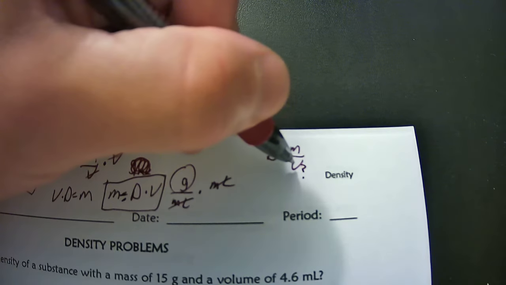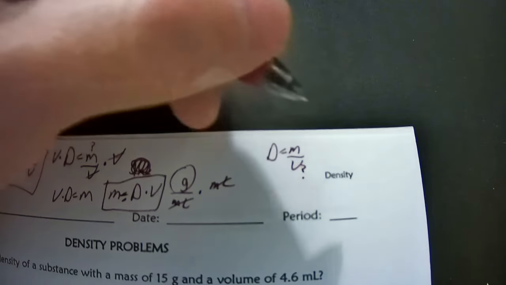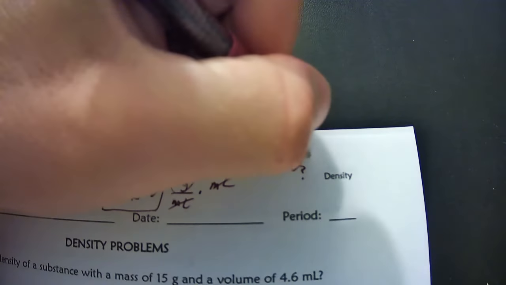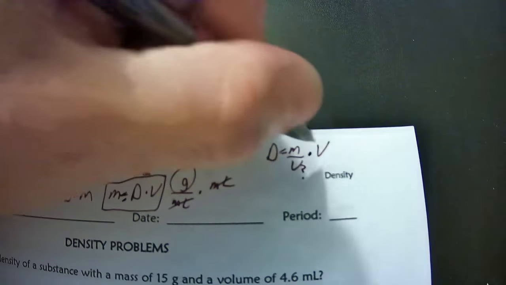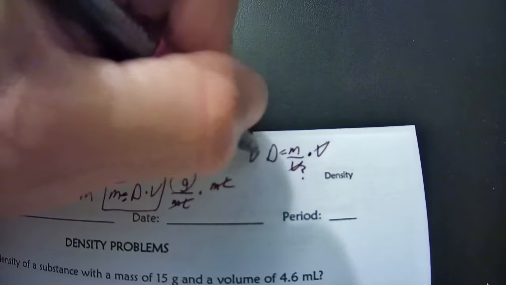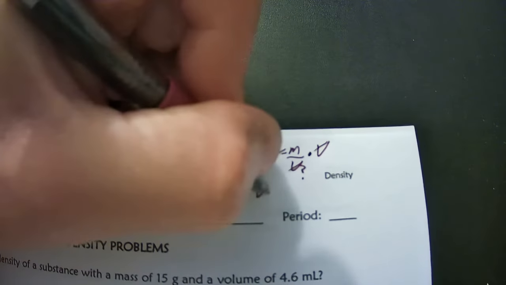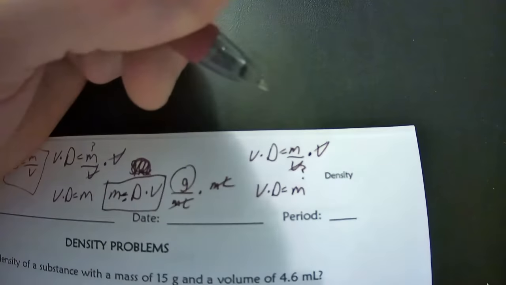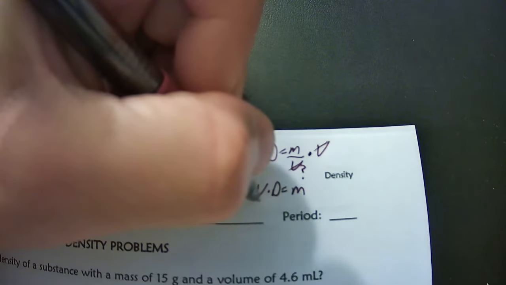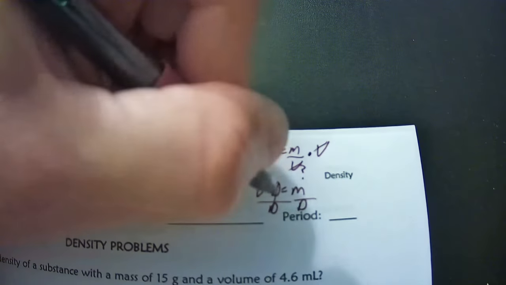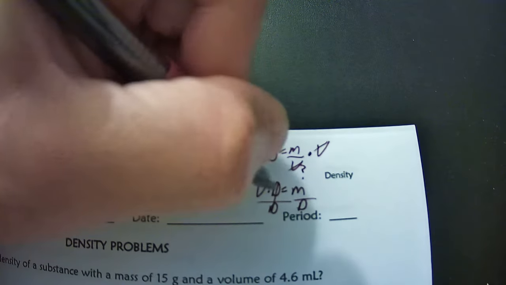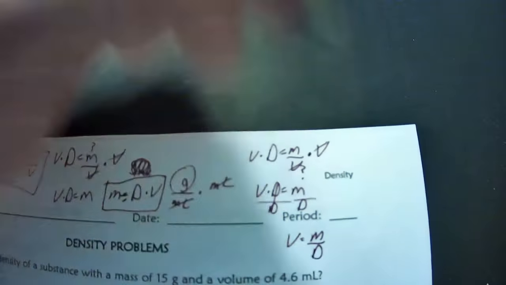It is in the denominator, and I don't want it on the bottom of a fraction. So I multiply both sides by volume, and now I have volume times density equals mass. Now I divide both sides by density, because I want volume by itself. So volume equals mass divided by density.